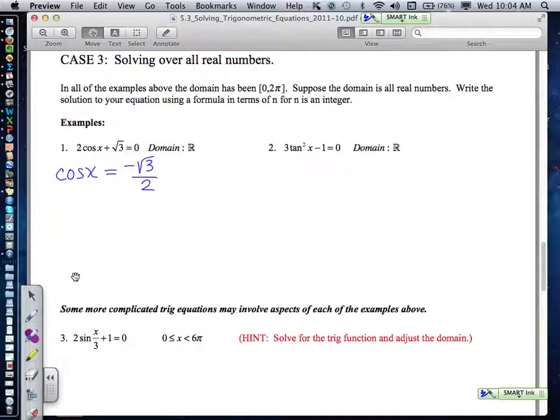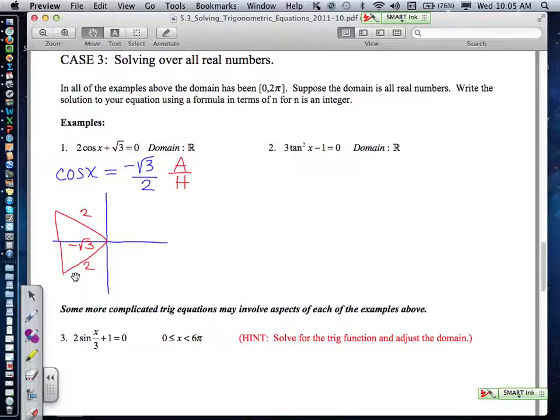Then, just like what we've been doing, I'm going to draw a reference triangle. I take note of the fact that cosine is negative in the second and third quadrants. I'm going to draw reference triangles such that the adjacent side over the hypotenuse is negative root 3 over 2. So the adjacent side here is negative root 3, the hypotenuse is 2. I do the same thing in the third quadrant.